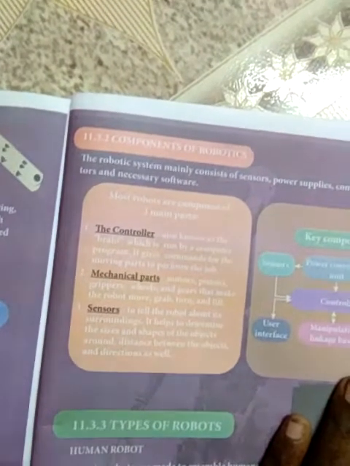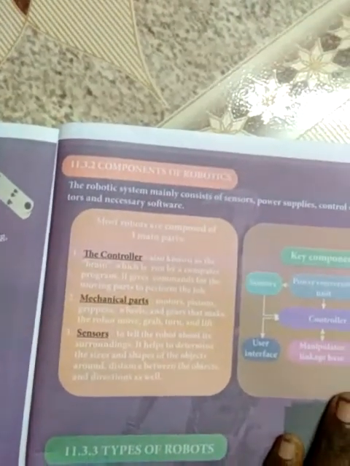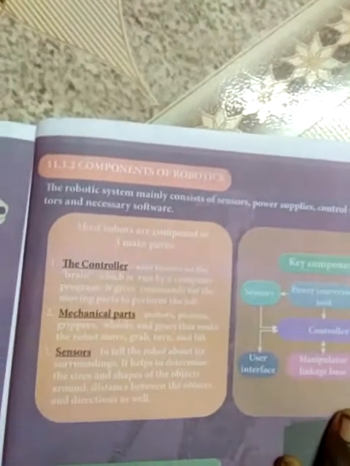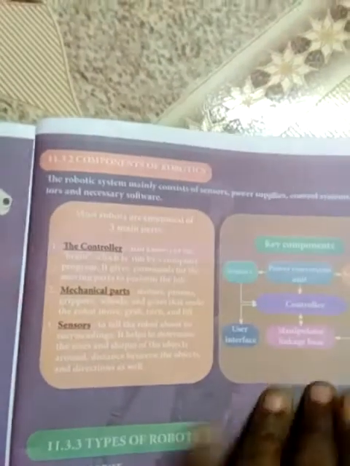Okay, so next you see the components of a robot. There are three main components: a controller, mechanical parts and sensors. The controller, also known as the brain, is run by a computer program. It gives the commands for the moving parts to perform the job.